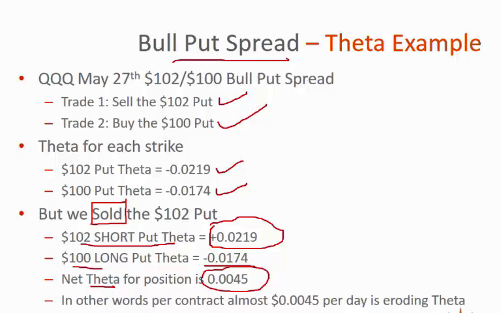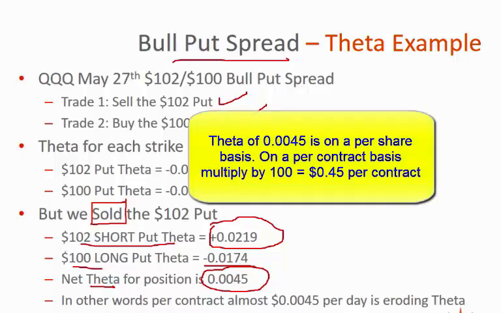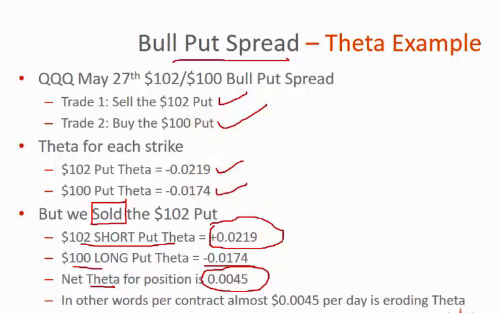It means that theta is working to our advantage for the bull put spread. As each day passes, the value of our overall position is eroding by just under half a cent per day. For something that we've sold, we can buy it back cheaper if the share price doesn't move that much. That's why theta is working to our advantage in this particular strategy.